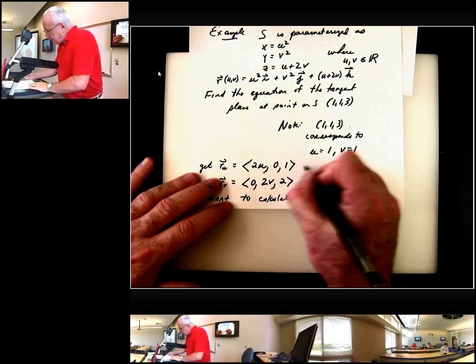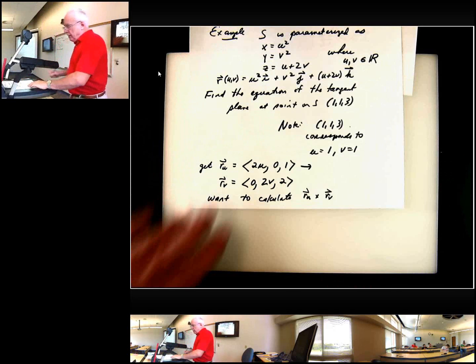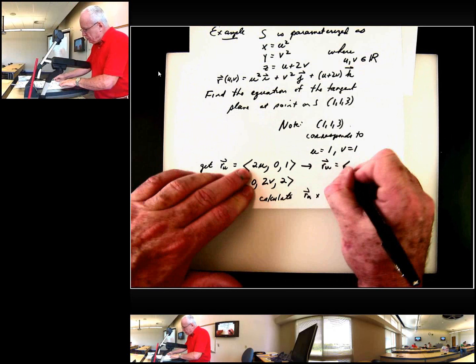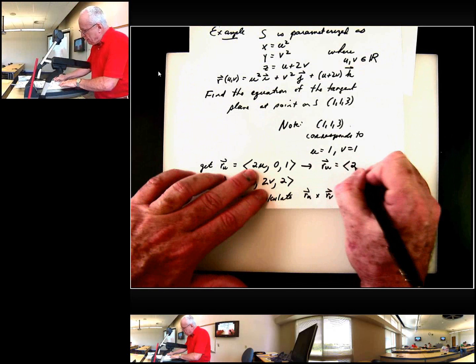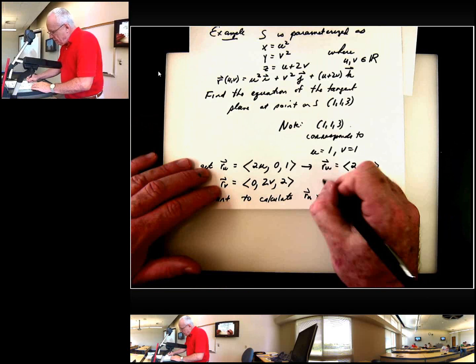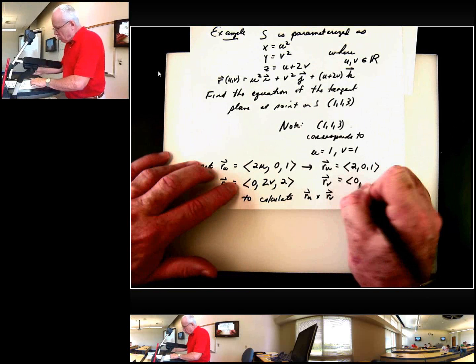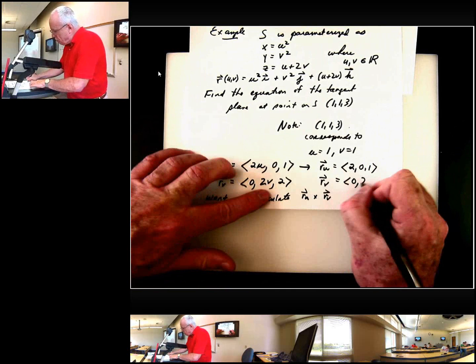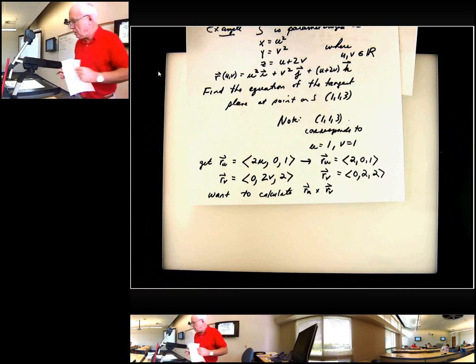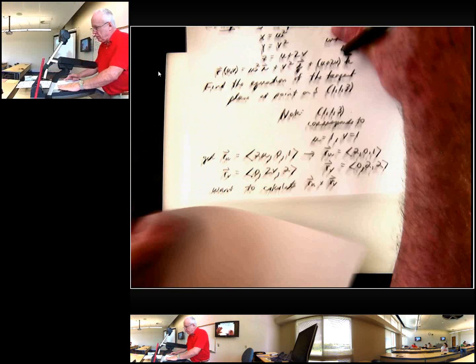So since u is 1 and v is 1, our r_u is going to be 2 times u, that's 2, 0, and 1. And our r_v is going to be 0, 2 times 1 is 2, 2. It'll be just that much faster getting the cross product.